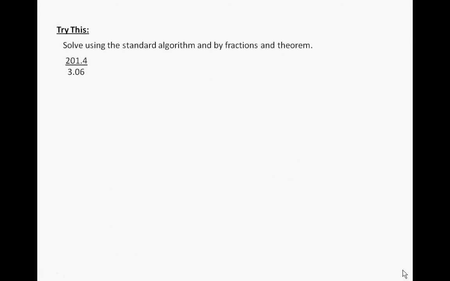All right, so here's a problem to try on your own. And again, you can use your calculator to do the actual division part of it, or you can do it longhand. Go ahead and try this, and then restart the video so you can see the answer. All right, so here's our proof. If you take 201 4/10, that becomes 2014 over 10.